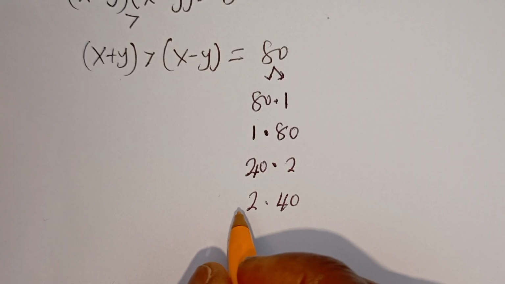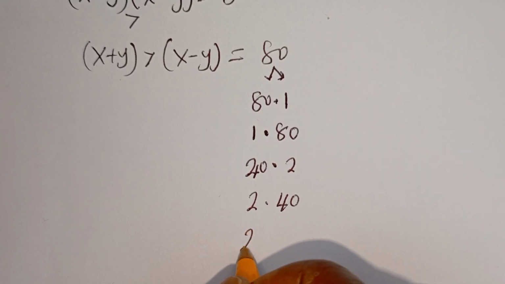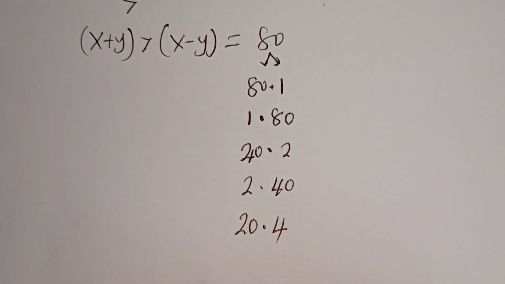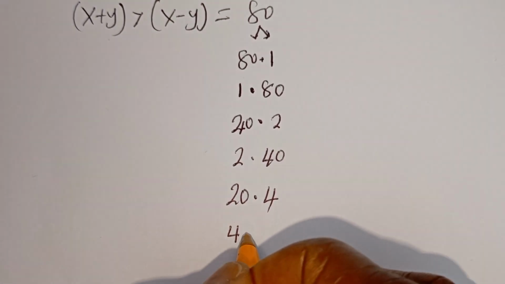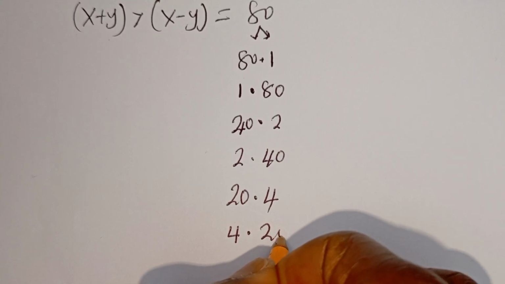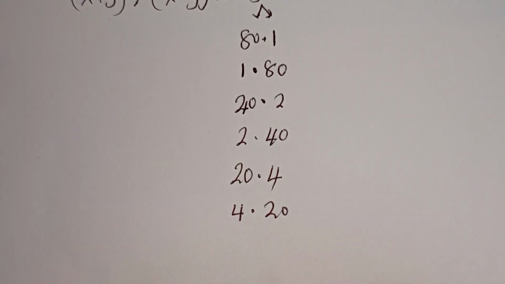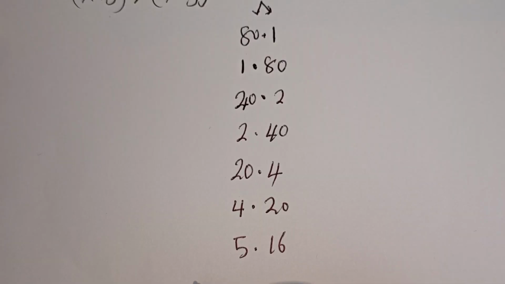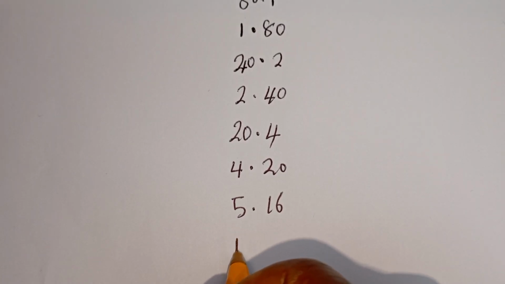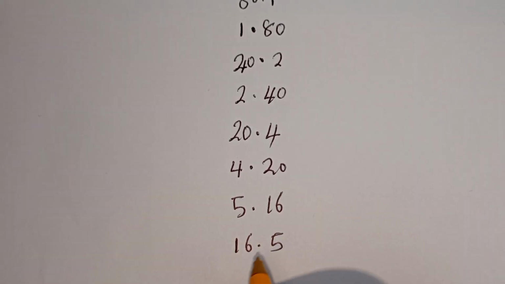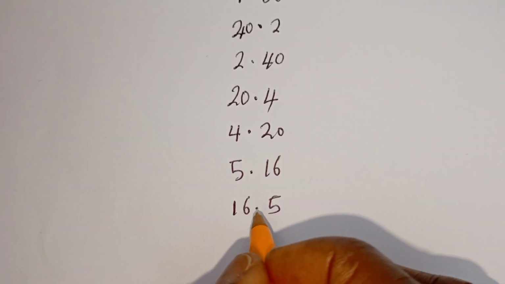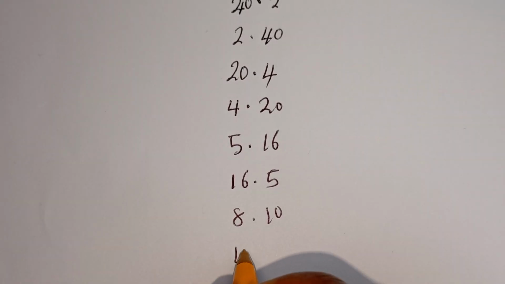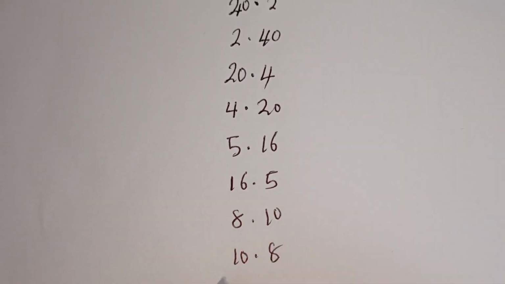Now we have 20 multiplied by 4, then 4 multiplied by 20. Then we have 5 multiplied by 16, 16 multiplied by 5. And 8 multiplied by 10, then 10 multiplied by 8.